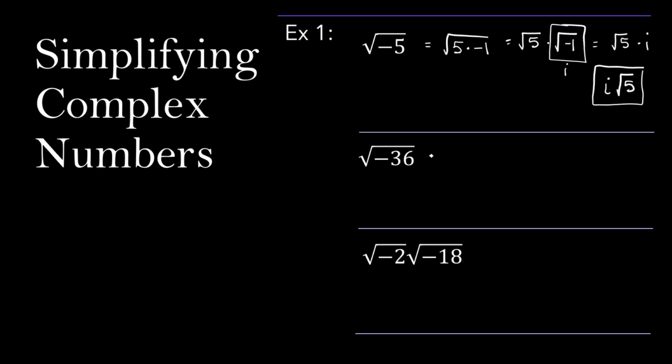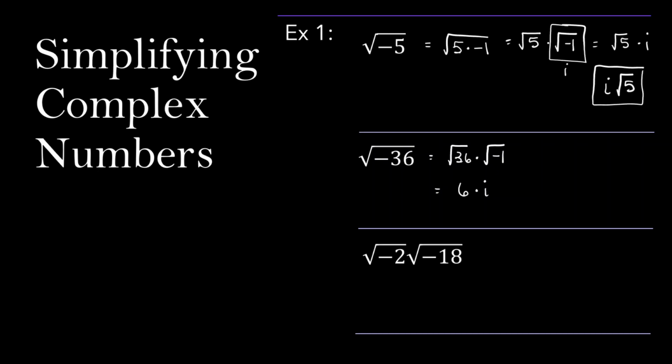Okay, so with the square root of -36, again, we have 36 times -1. The square root of 36 is 6, and the square root of -1 is i. So we get 6i. Now, when we're multiplying them together, we can do the multiplication and then simplify, or you can simplify and then multiply.